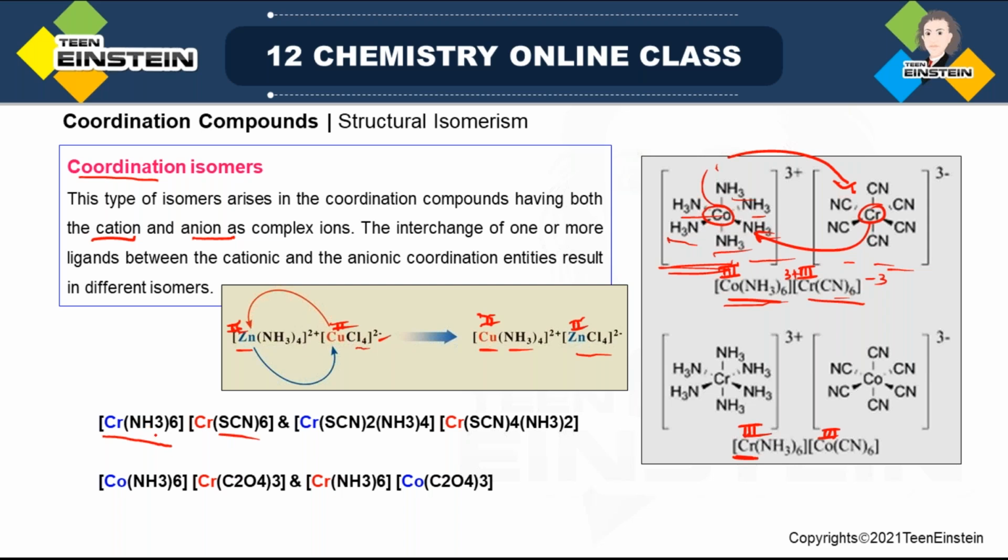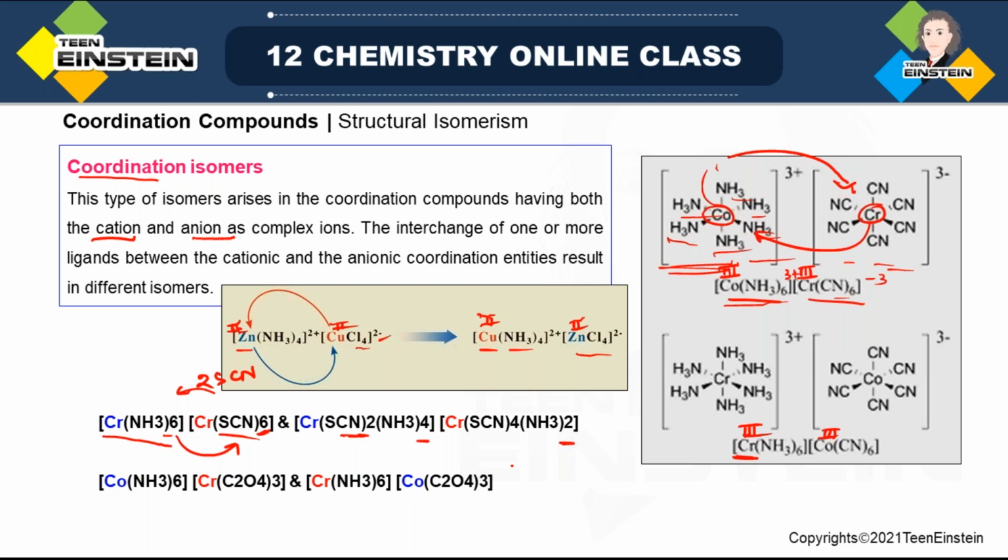Now if 4 ammonia ligands move from the cationic coordination sphere to the anionic coordination sphere, and 2 SCN come to the cationic side, then here we have 2 SCN and 2 ammonia.